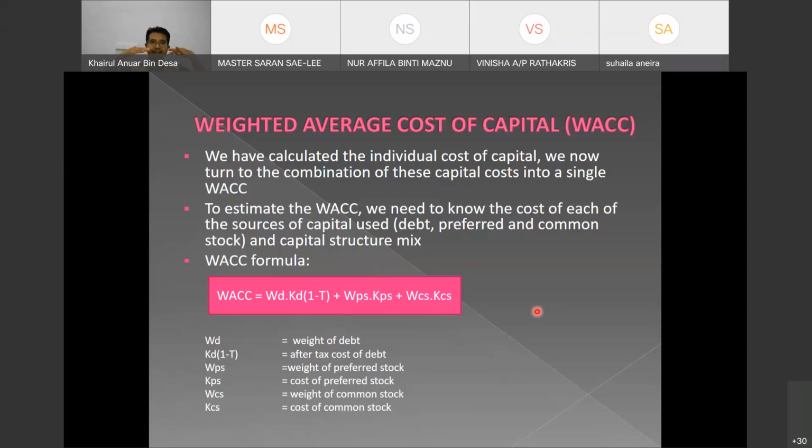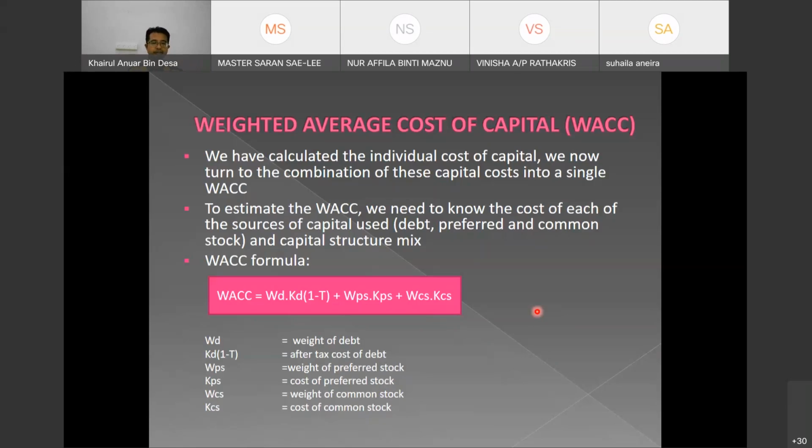We want to get the average value. Earlier we calculated one by one, and now we want to combine them and average the cost. In the individual calculations, the cost of debt is different, the cost of preferred share is different, and the cost of common share is different. Now we want to average it and determine the WACC for the company.